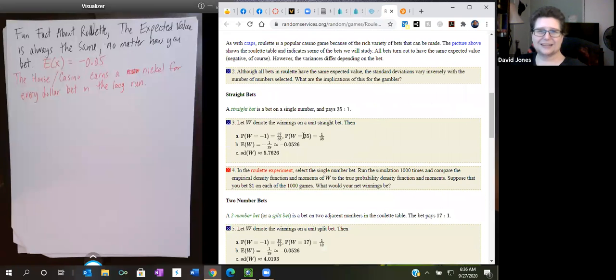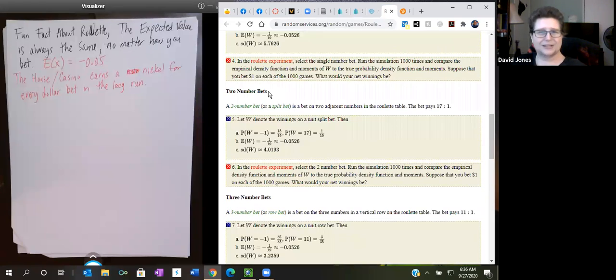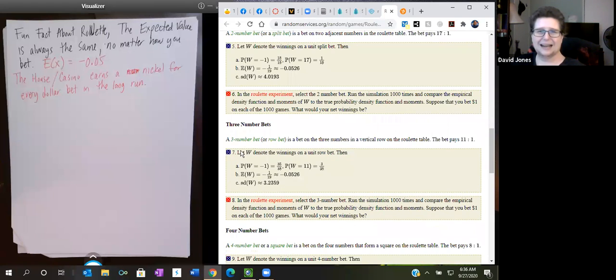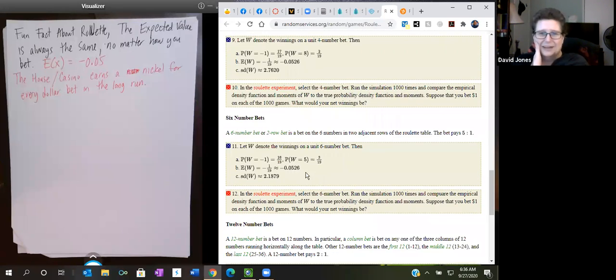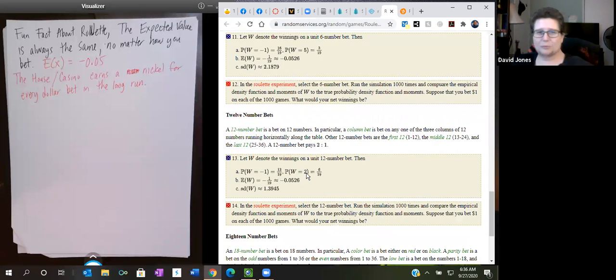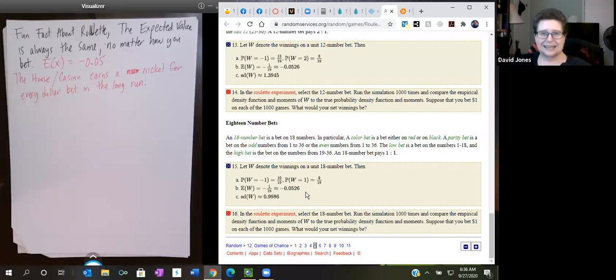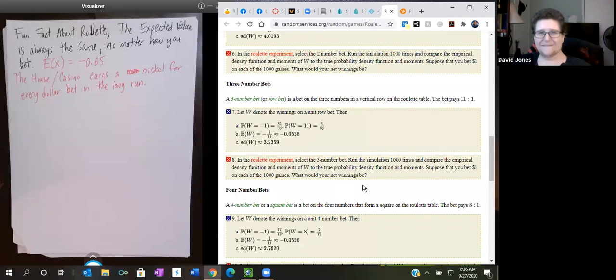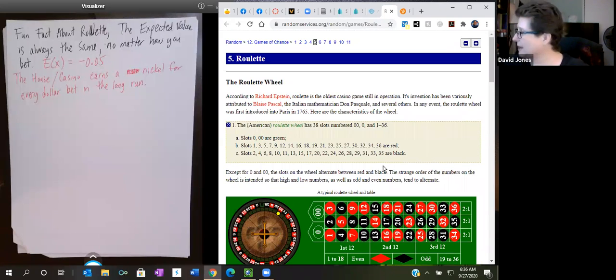And notice, the straight bet is one betting on a single number, betting on 2 numbers. The expected winnings is negative 0.0526. If you bet on 3 numbers, the expected winning is again negative 0.0526. And you can go down this entire list. The expected winnings is always negative 0.0526. It's the way it's set up.